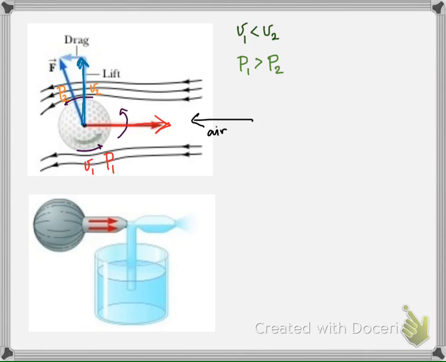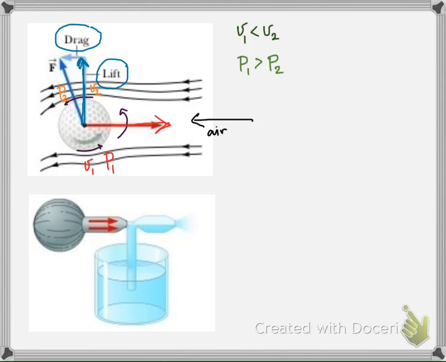This is the same as in the airplane wing. We can call it the lift force, which acts on the ball due to the pressure difference. But when the ball moves in the air, we also have the drag force.